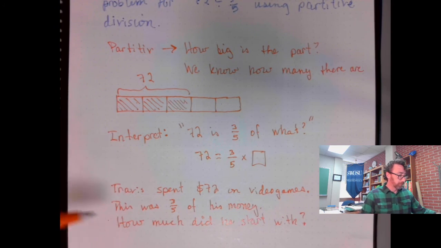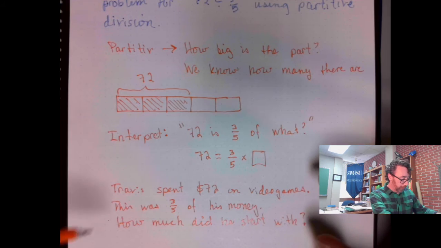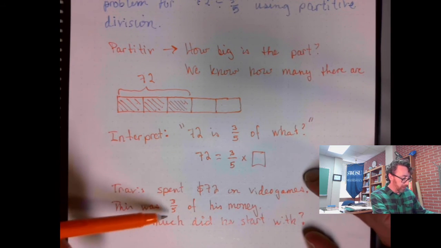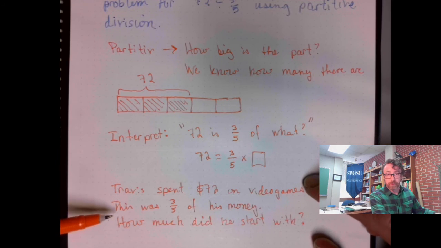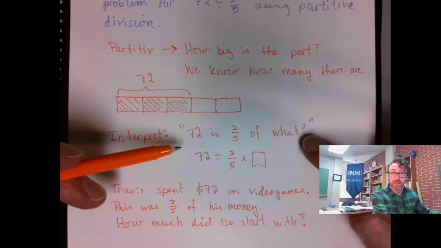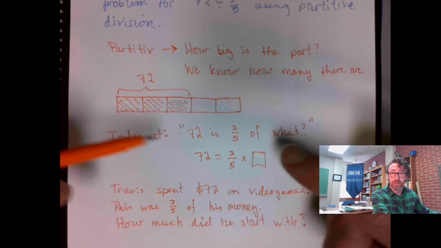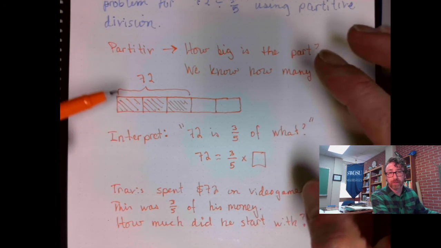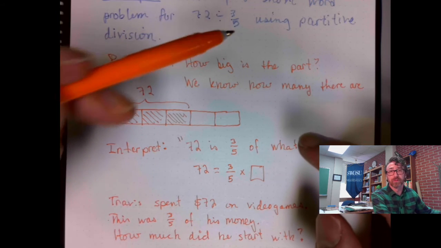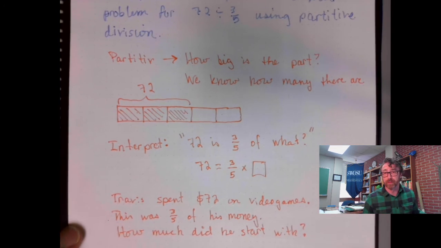So starting here, $72 is 3/5 of what? Starting here, the student would be led to this interpretation, which leads to this diagram, which leads to doing 72 divided by 3/5.